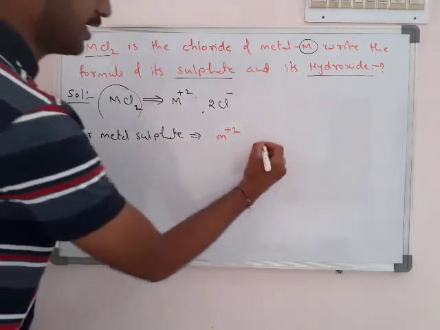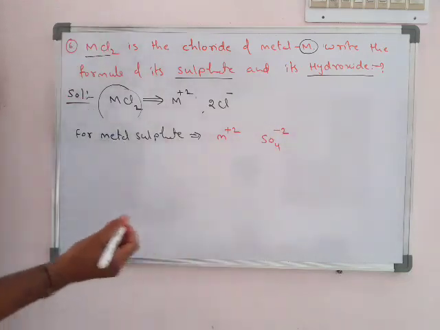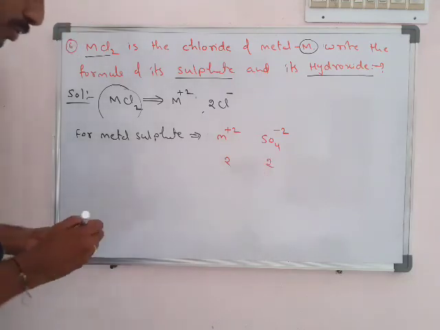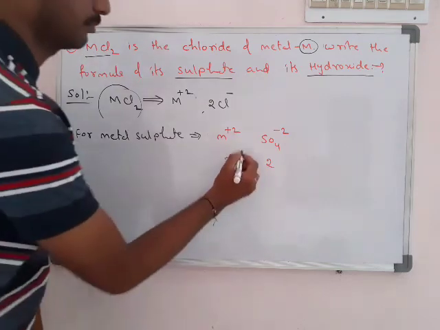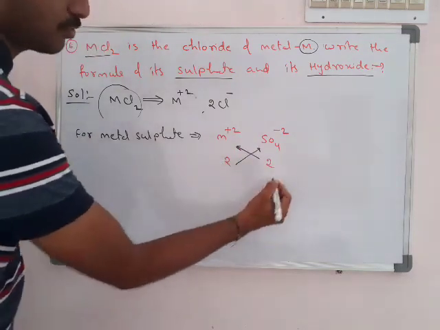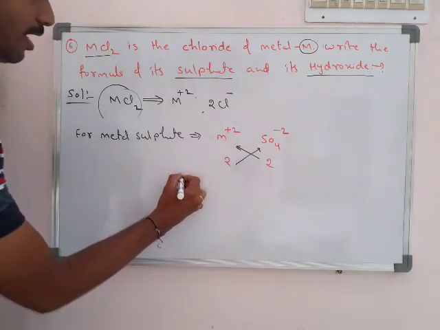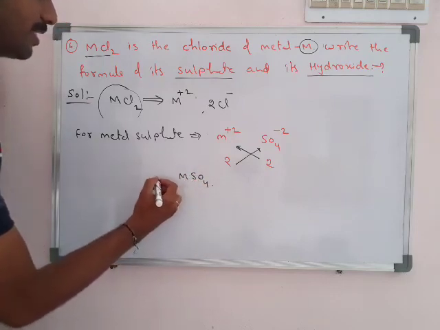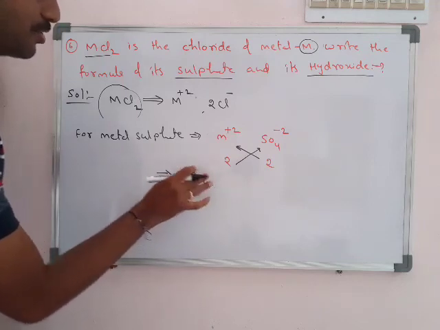Next, what about the sulfate? SO4 minus 2. So they are in 1:1 ratio, so you can write the formula. What is the formula? MSO4. M plus 2, SO4 minus 2, both are balanced.